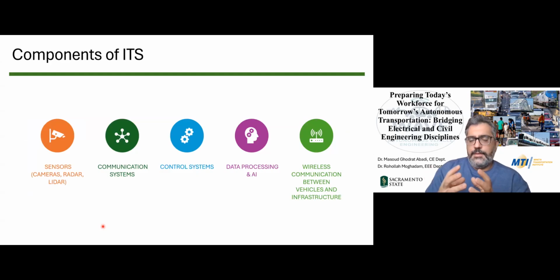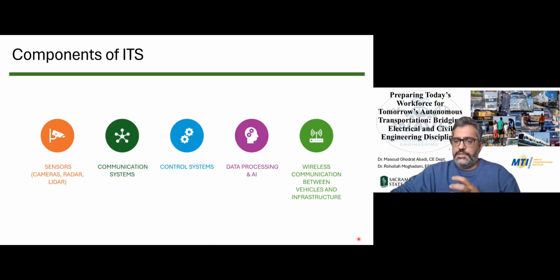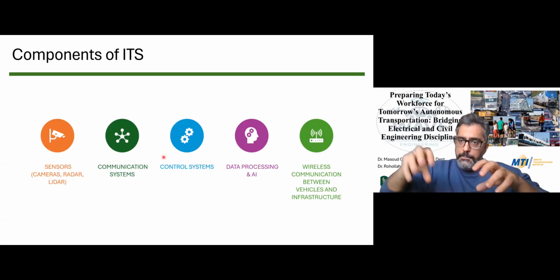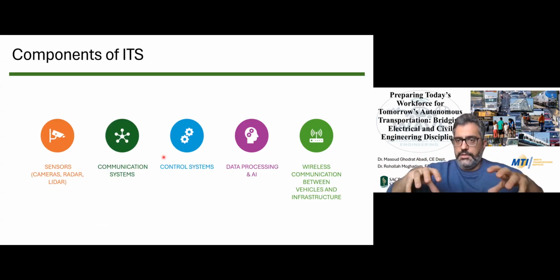And then the information that we obtain from this detection is going to be communicated between different components of our network, different units that are moving in our network, or maybe not moving. It could be vehicles or it could be infrastructure.